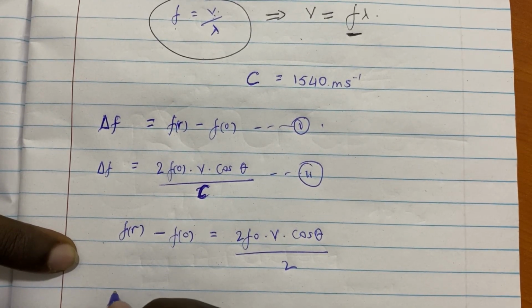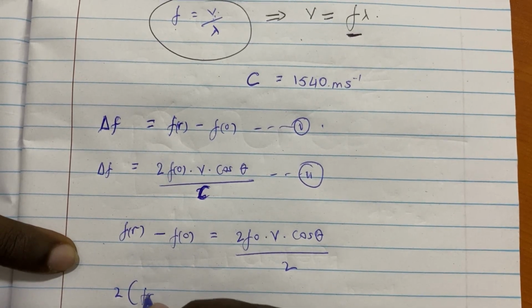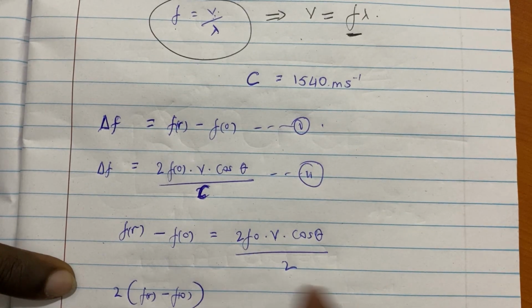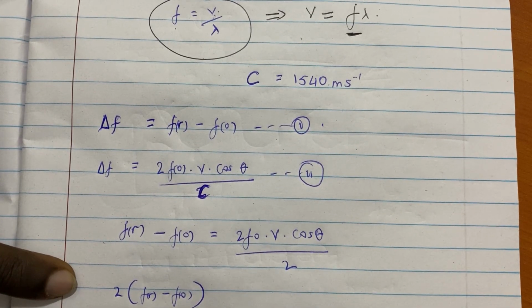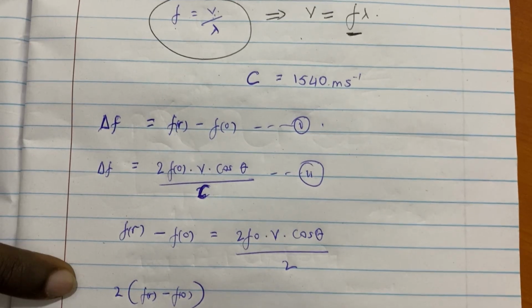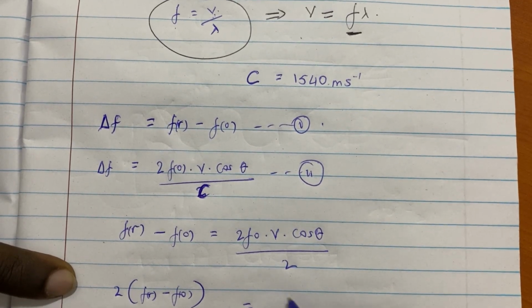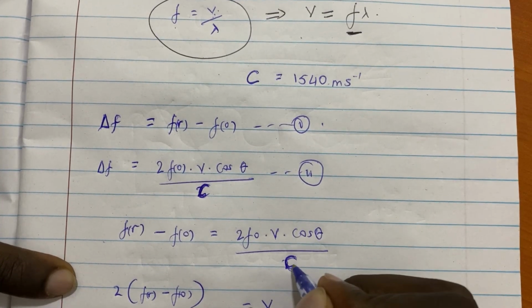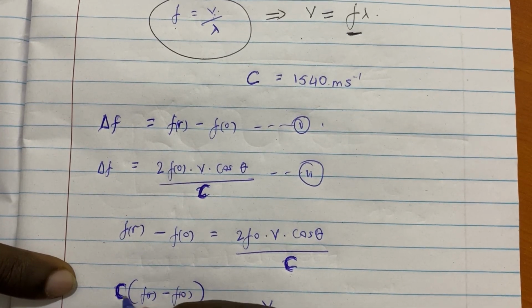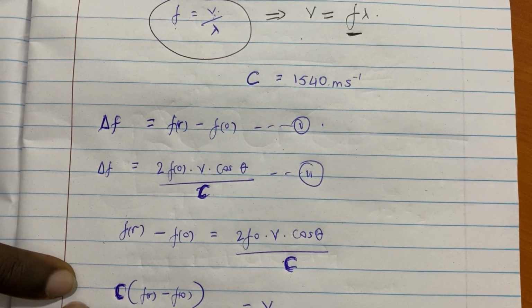Now we shall get C into FR minus F naught over 2 F naught into cos of theta equal to V. This is what is wrong with me. It is C, not 2. Sorry, it is C, not 2. So this is equation 3.